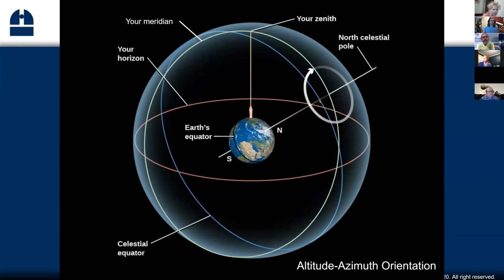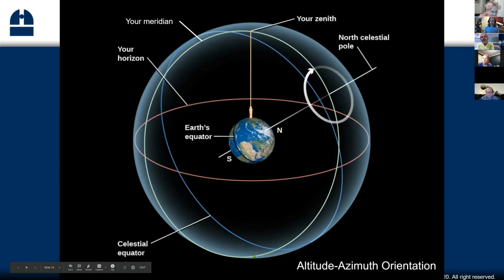Now, I referred to your meridian earlier, and your meridian is the circle, really a line, but it looks like the line that goes from due south straight overhead to due north. And straight above you is your zenith. Actually, there's a word for straight below you.